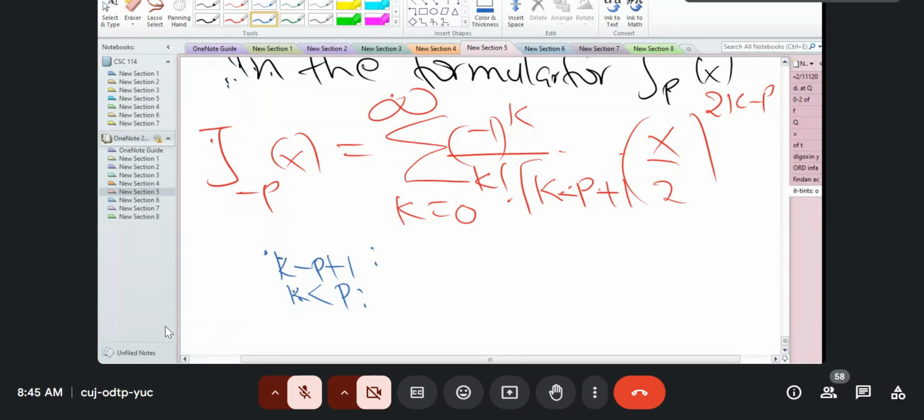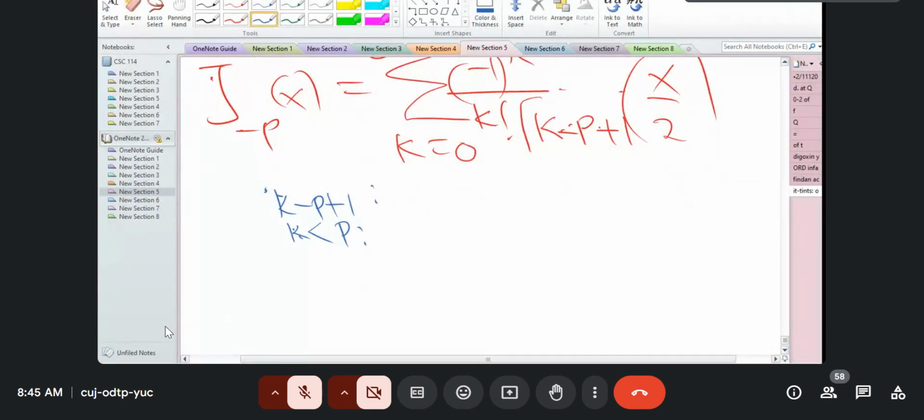So to avoid the case where we have to evaluate gamma of some negative quantity, we have to work on the index k, because for the case where k is less than p, we'll have the argument being negative, and we don't want that to be the case.